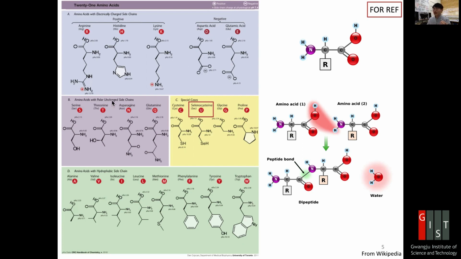Another example is polar uncharged side chains in serine, threonine, asparagine, and glutamine. And you can see this OH, and this provides a polarity, negatively charged. And special cases are here: cysteine, glycine, proline, and hydrophobic side chains: alanine, ALA, A, valine, isoleucine, leucine, methionine, phenylalanine, tyrosine, tryptophan.